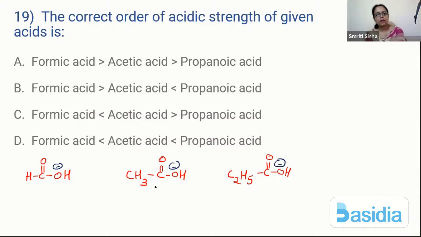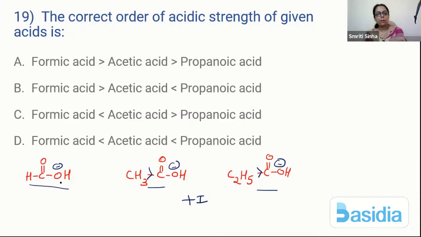Now what is happening here in this and this case, once this O negative is formed, the C2H5 and CH3, that is the alkyl group, due to the plus I effect tries to increase the electron density on oxygen. Oxygen is already electron rich, and again because of the alkyl group, more electron density is going to be added, therefore the conjugate base will become less stable.